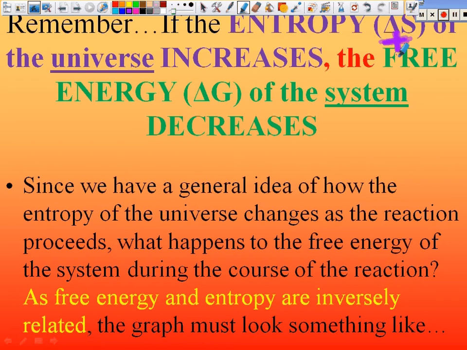And those are the two signs that nature is trying to get itself to. Go ahead, Peyton, you can read the rest of it. Since we have a general idea of how the entropy of the universe changes as the reaction proceeds, what happens to the free energy of the system during the course of the reaction? As free energy and entropy are inversely related, the graph must look something like. All right, so tell me if you recognize this graph.